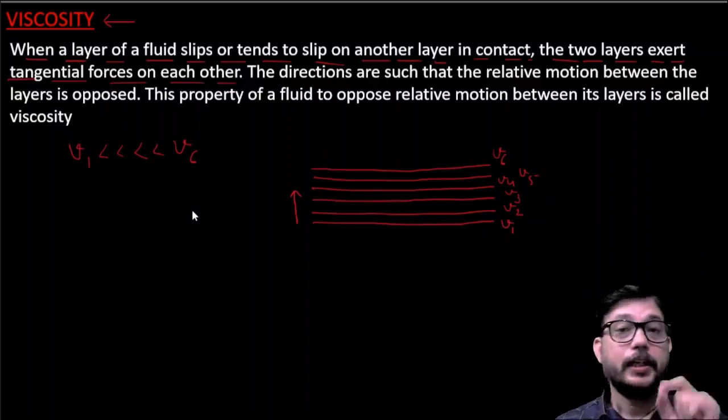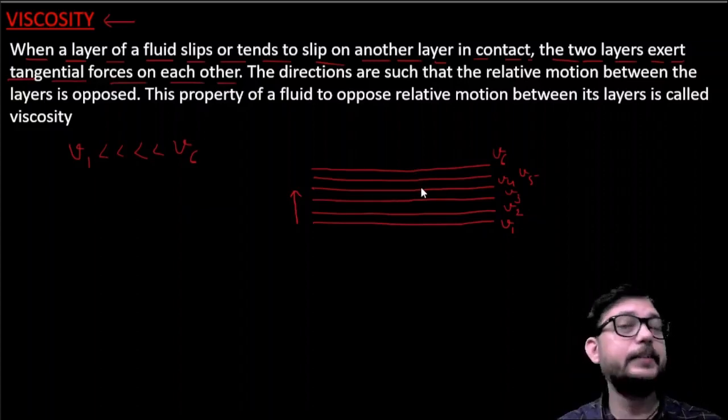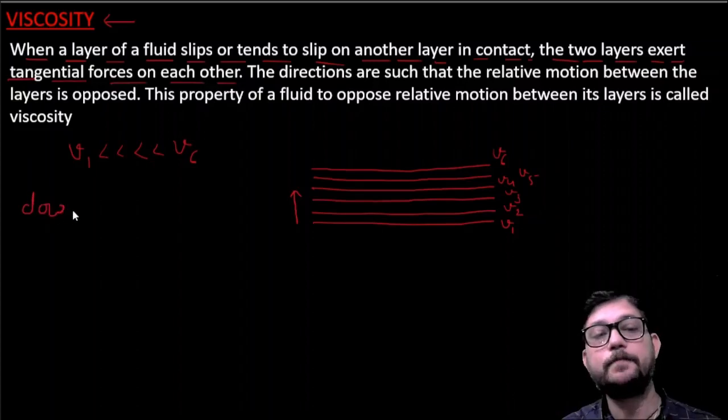Now, here we can see that the speed of layers decreases continuously as we go downward.